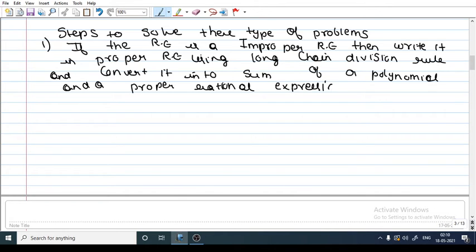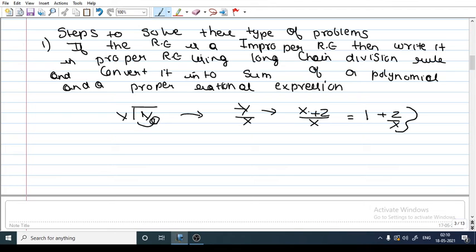So what I meant is that when you divide whatever function, suppose some y with x, you will express this y upon x in terms of some quotient plus z upon x. So here it will become 1 plus z by x, but the uniqueness of this is that this part will be a proper rational function.